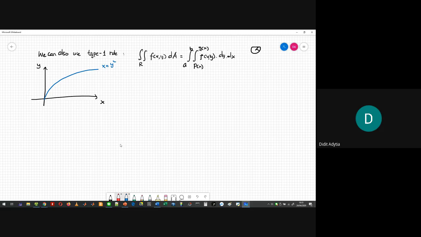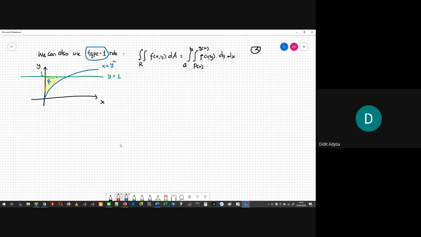And the green one, okay, I will draw it directly. This is y is 1. And then the area of R is in this yellow one. Sorry. Again. My mistake. Okay, R. Nah, sekarang kita akan menggunakan type 1.